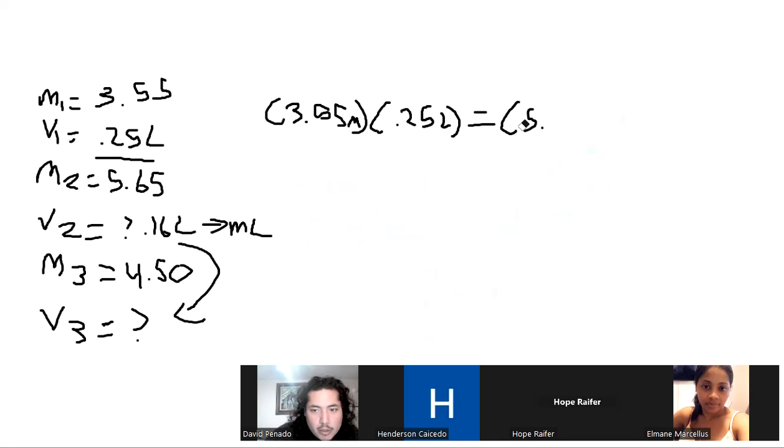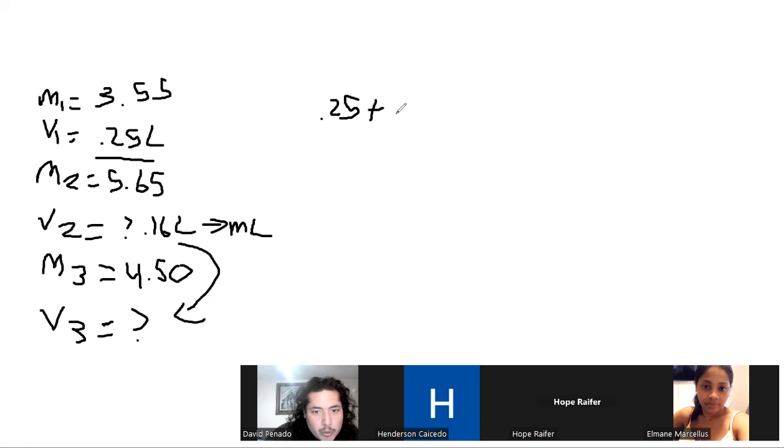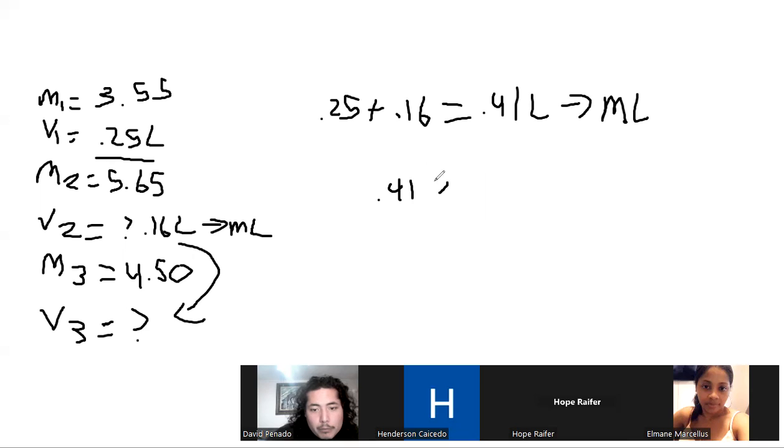Nice job. 0.25 plus 0.16 equals what? 0.41, yes. But it is in liters, and they wanted the answer in milliliters. So now we can convert it. How do we convert it? You multiply it by 1,000.